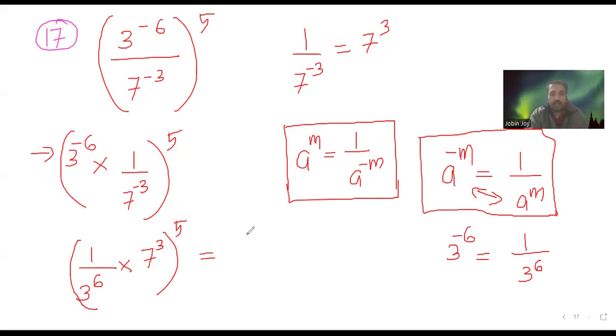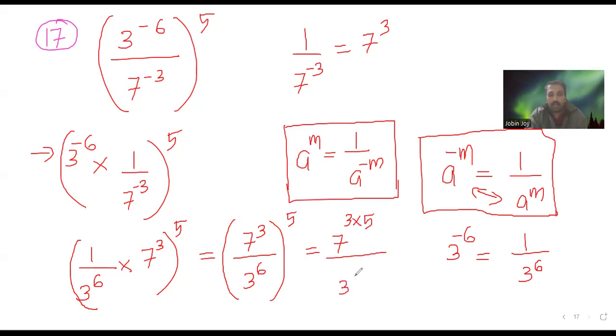So this will be equal to 7 raised to 3 divided by 3 raised to 6, the whole raised to 5. So this will be equal to 7 raised to 3 into 5, divided by 3 raised to 6 into 5. So this will be equal to 7 raised to, what is 5 into 3? 15.